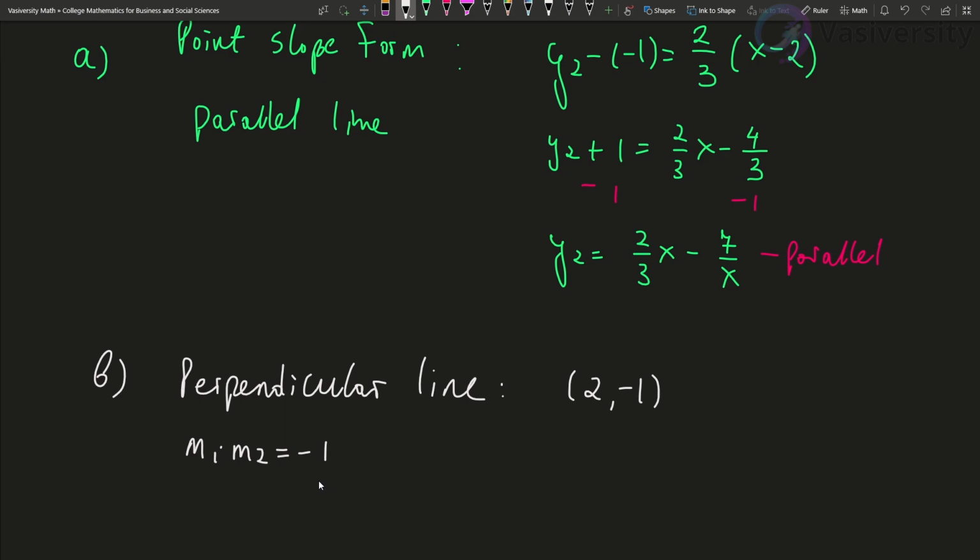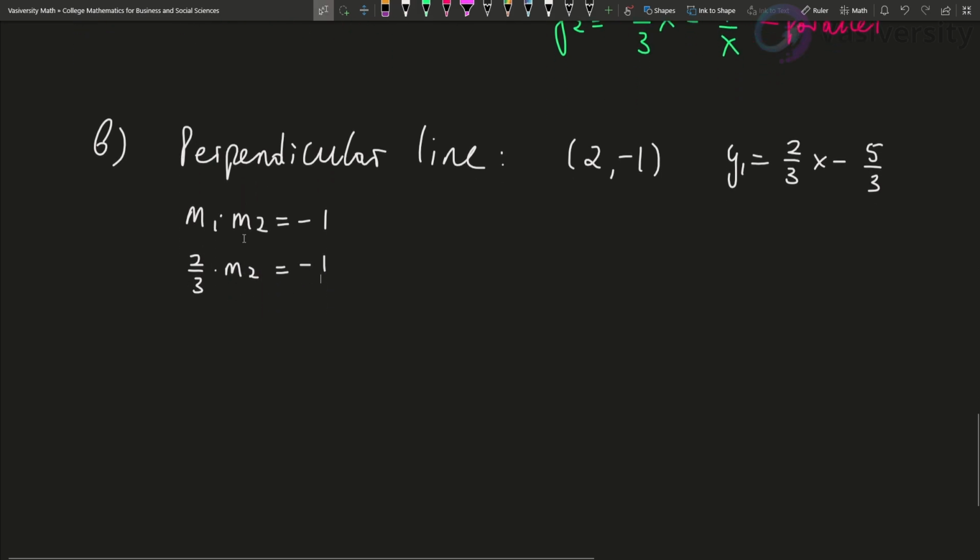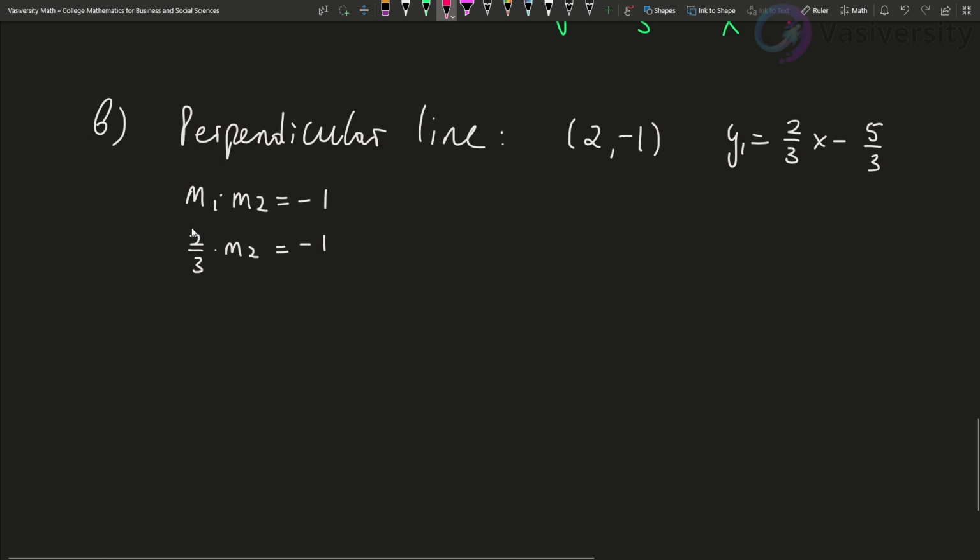Our equation y1 is equal to 2/3 x minus 5/3, so our slope m1 is 2/3. So we have 2/3 times m2 is equal to negative 1. We multiply both sides by the reciprocal of this fraction, 3/2, and we have that m2 is equal to negative 1 times 3/2, which is negative 3/2. Okay, so now let's plug that in.